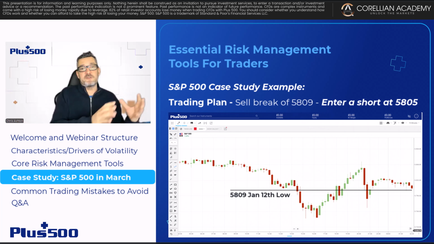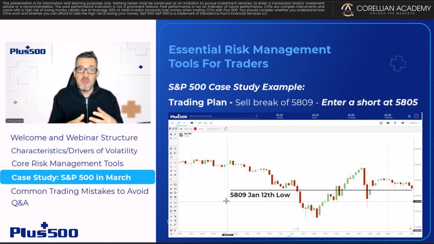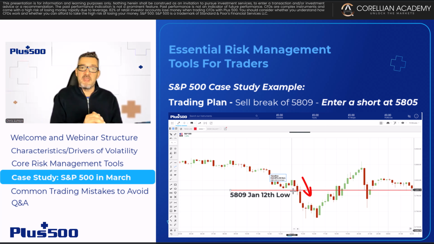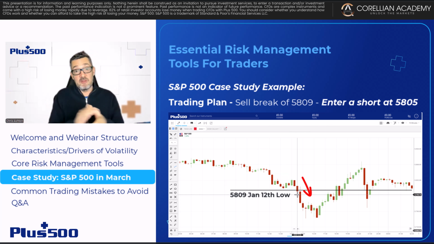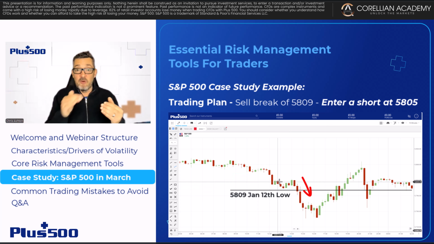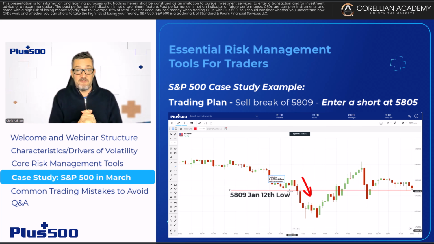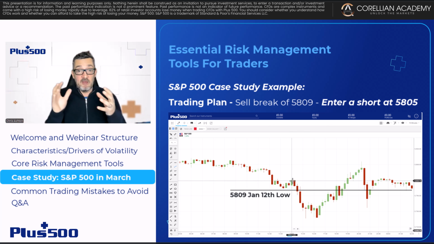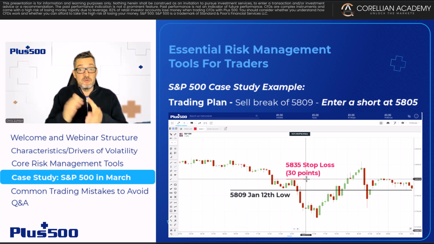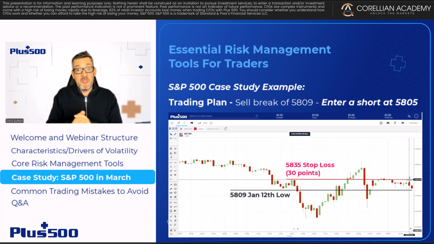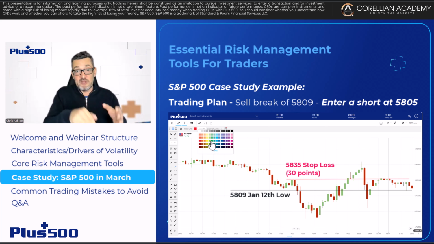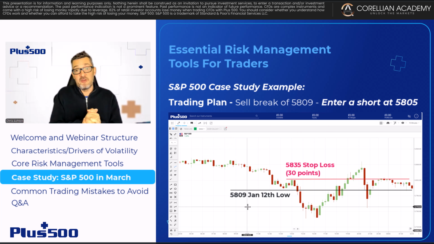So using the steps I just outlined, my trading plan is to sell a break of 5,809, the January the 12th low, entering a short at 5,805. My stop loss exit would be at 5,835, which is 30 points from my entry, and the short-term high of the limited bounce that was seen after retesting those 5,809 lows, as you can see on the chart.